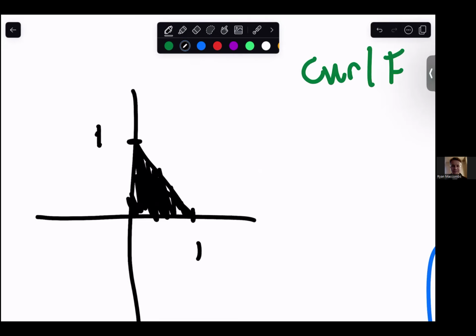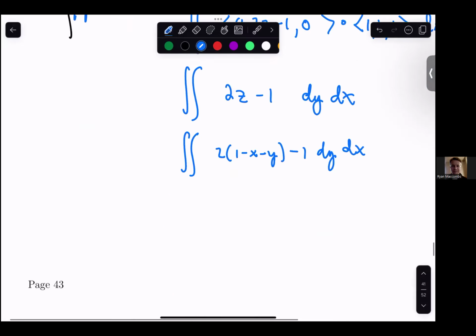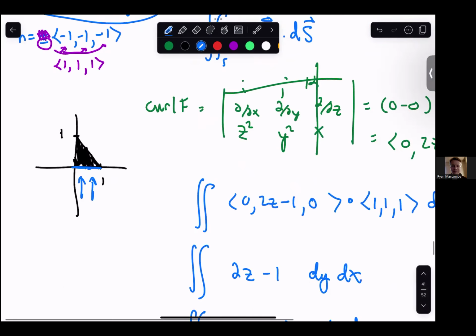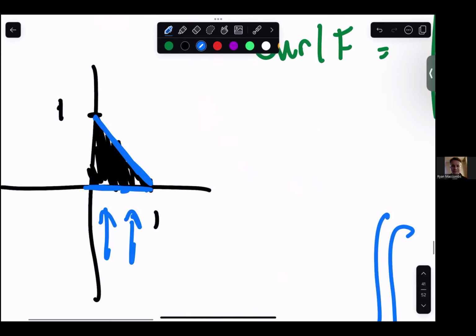Given that, if I integrate with respect to y first, it seems like I enter through y equals 0, and I exit through this slanty line. This slanty line, maybe unsurprisingly, comes from the plane equation.